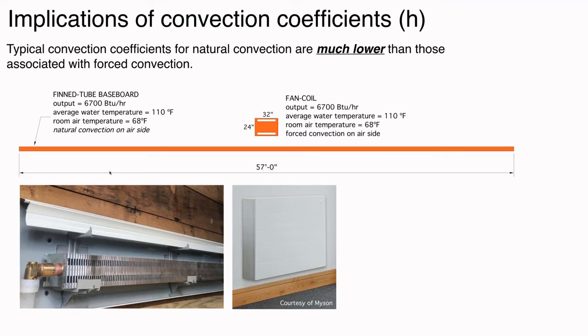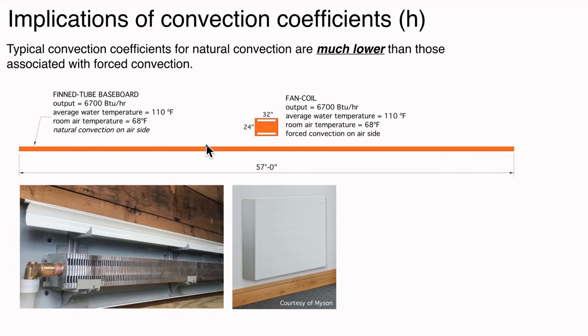It has a blower in it, and this is a relatively small fan coil. It's 2 feet high and about 2.5 feet wide. This is a scale comparison between a fan coil that's putting out 6,700 BTUs per hour and what would be necessary with residential thin tube baseboard to also put out 6,700 BTUs per hour. And that's 57 feet of fin tube.